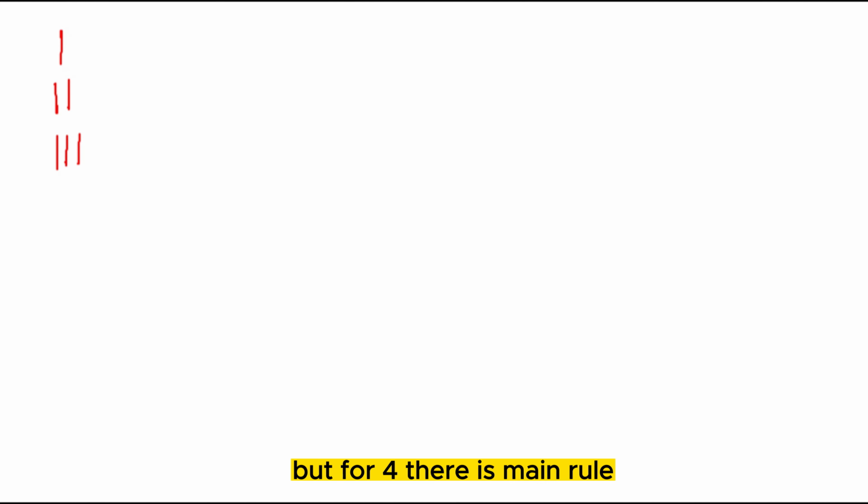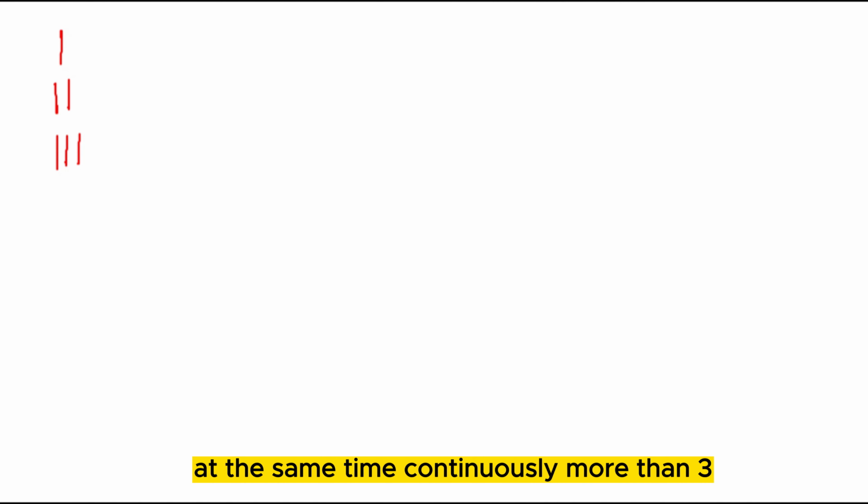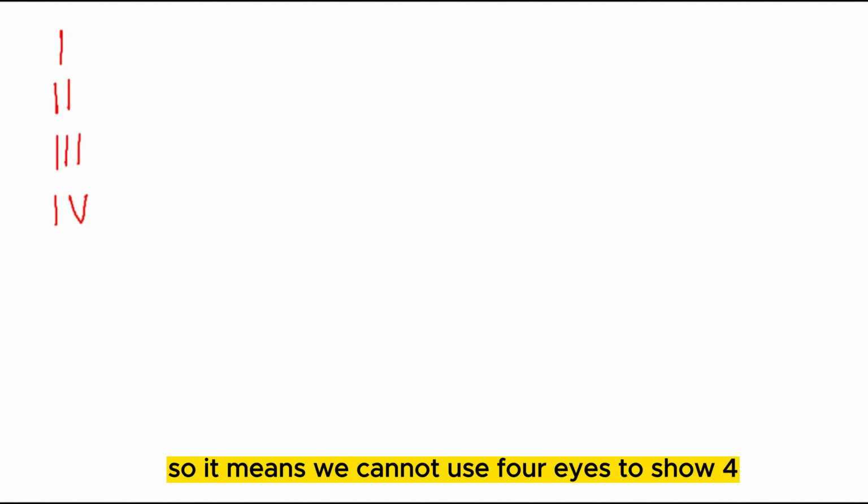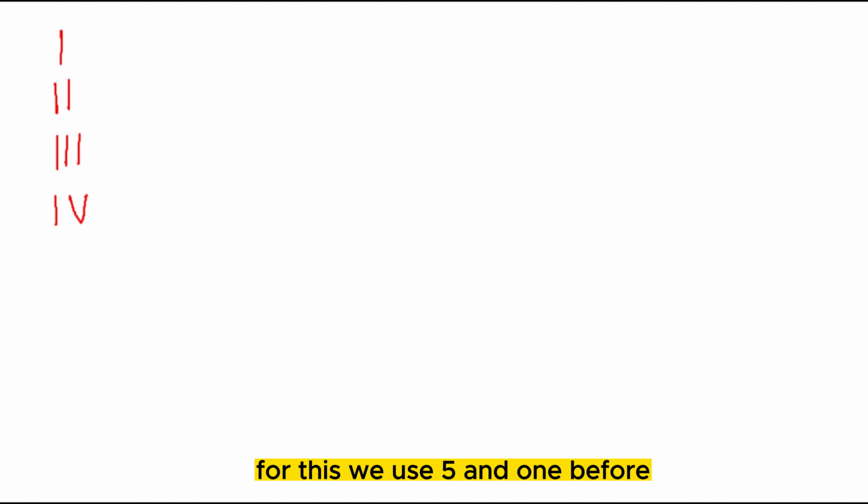But for 4, there is a main rule that we cannot use the same letter continuously more than 3 times. So it means we cannot use 4 I's to show 4. For this we use 5 and 1 before. Like 1 before 5, it is 4. This is 5.